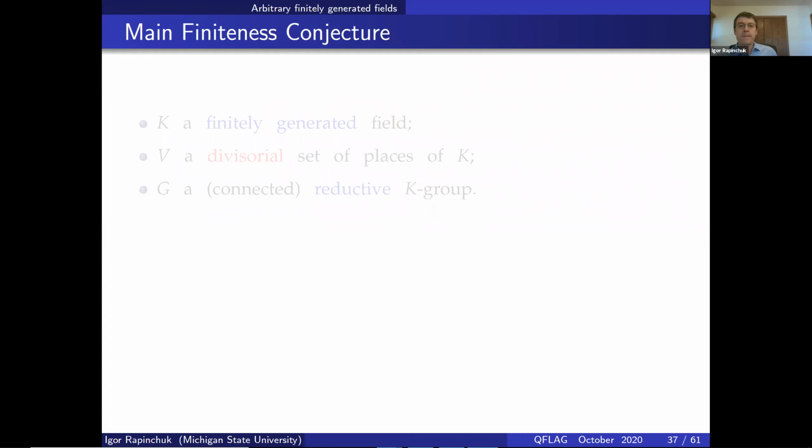Okay. So now let me formulate our main finiteness conjecture for groups with good reduction.